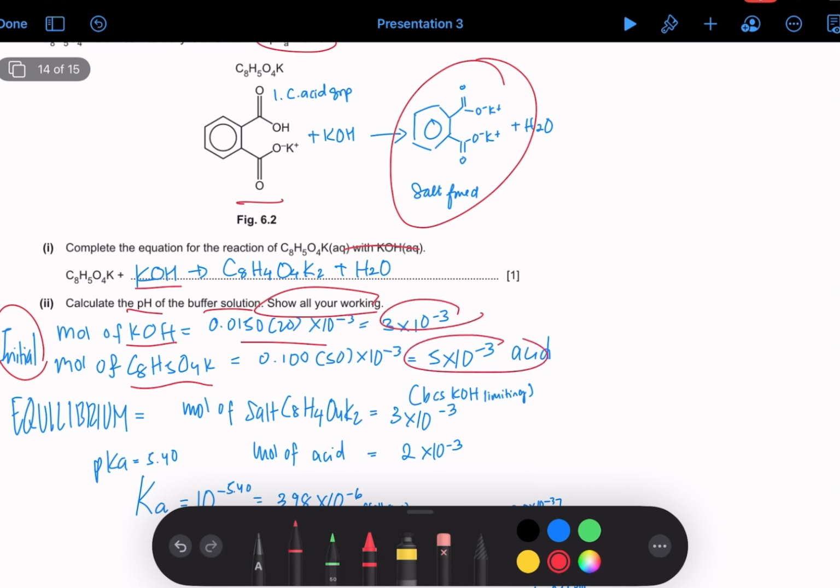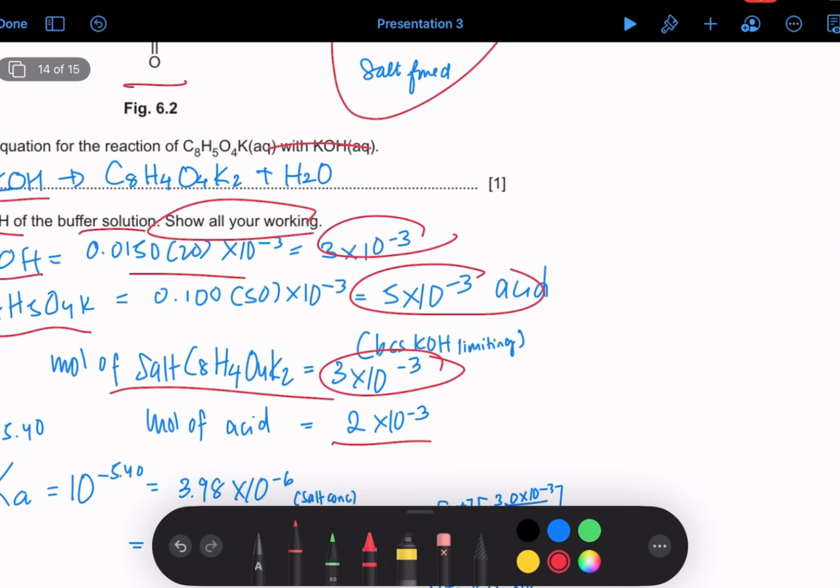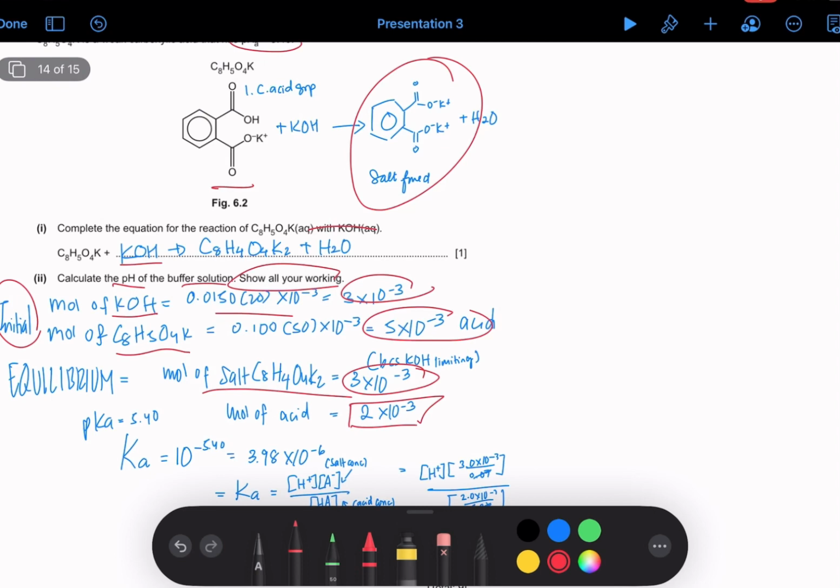Because your KOH here is your limiting reagent, the mole of salt is going to be the same as your mole of KOH, so 3 times 10 to the power of negative 3. And the mole of acid would be 5 minus 3 times 10 to the power of negative 3, so it becomes 2 times 10 to the power of negative 3.